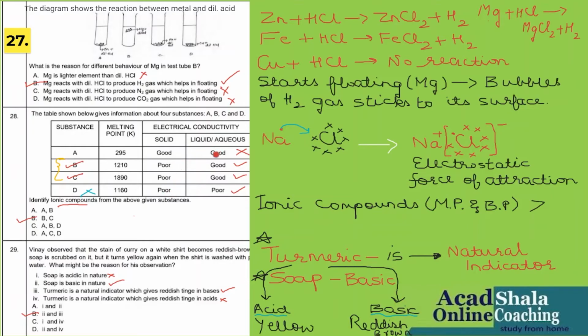Now let me check the electrical conductivity in liquid and aqueous for B, C and D. The B substance says it is good, absolutely correct. C says it is good, absolutely correct. D says it is poor. No, not at all. This is not correct. So I will discard option D also. Now I'm left with options B and C, which are absolutely correct, and with my knowledge, this also matches with this table.